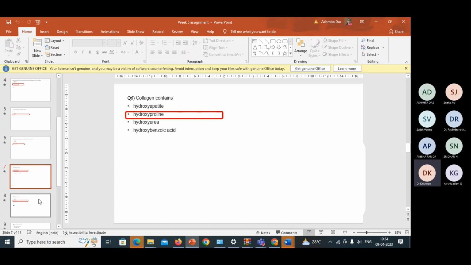Okay. But as per this MCQ question, the question is what collagen contains, so hydroxyapatite is also a right answer, no? Hydroxyapatite and collagen are two different things. Collagen does not contain hydroxyapatite.